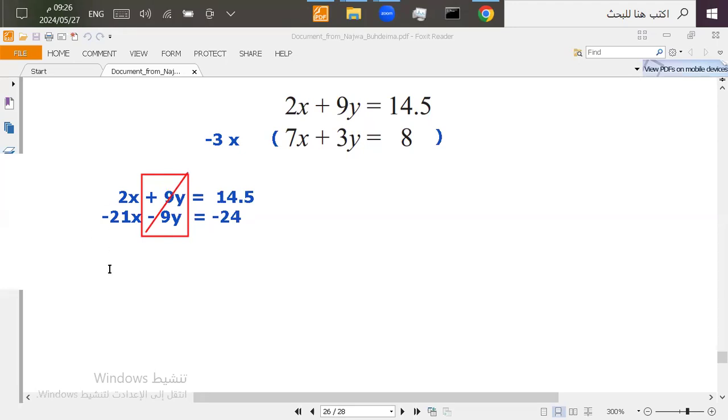Now I add the rest of the equations. So 2x minus 21x is going to be -19x, like this. So -19x equals 14.5 minus 24, let me use the calculator.